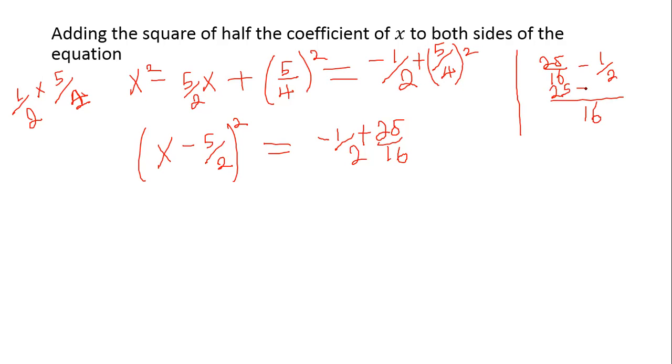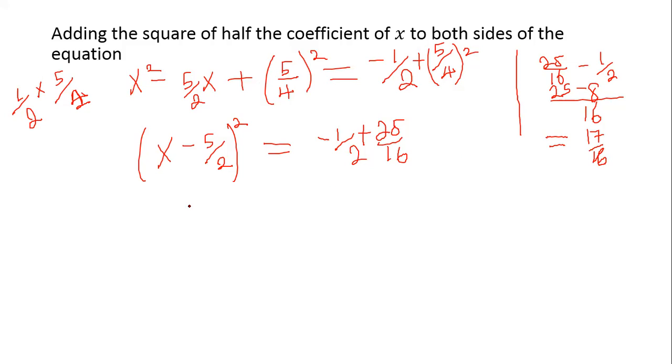So 16 divided by 2 gives me what? 8. So 8 times 1, 25 minus 8 gives us 17. So this will be 17 divided by 16.